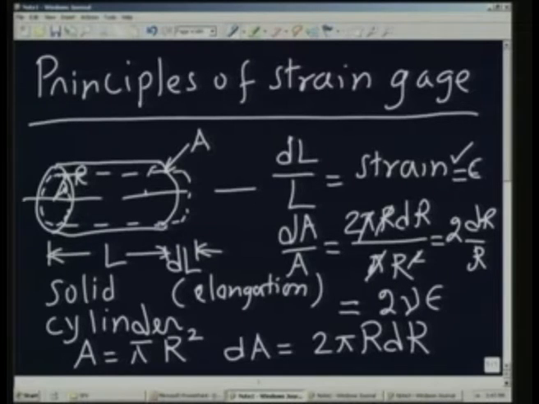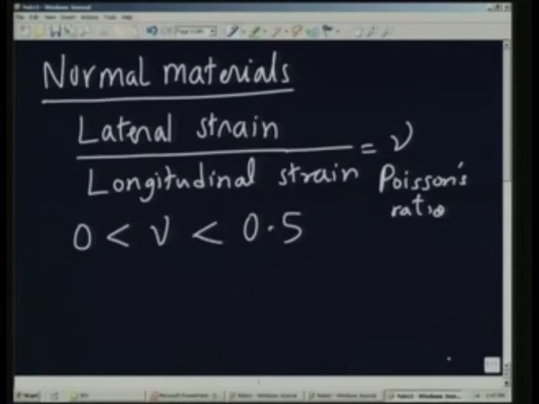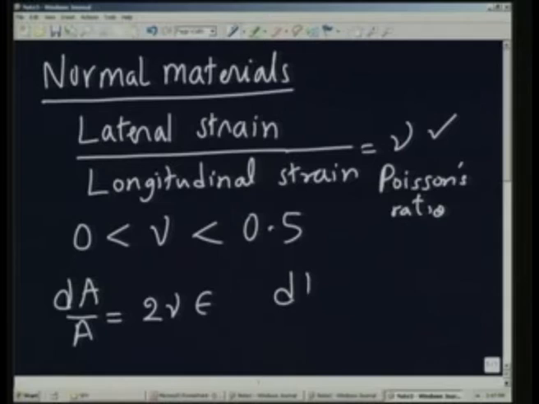So, if epsilon is the strain in the longitudinal direction given by dl by L, then the change in the area or the strain in the area is given by 2 nu times epsilon. So, with this background we can write the following. With the Poisson ratio introduced here, we have dA by A equal to 2 nu times epsilon, where dl by L is equal to epsilon.